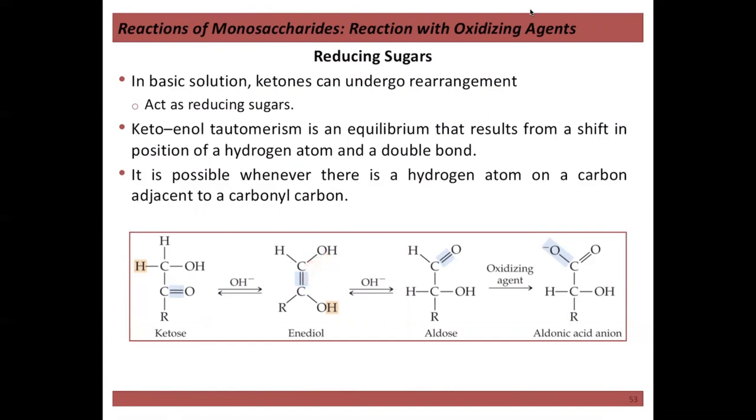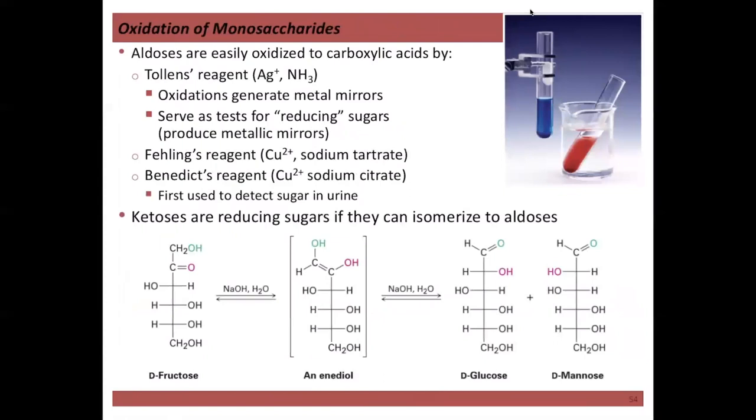So if we're doing a test and we have a ketone in solution and it's basic, after a decent amount of time, we'll start to get aldoses, and then they can be oxidized and give us a positive test. This just takes longer. So if you throw glucose in solution, you'd get a fast test. If you threw fructose into solution, it would be slow, but it eventually would appear. And so you can identify aldoses and ketoses by how fast they are oxidized or reduced.